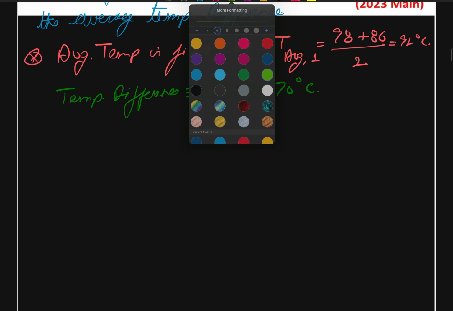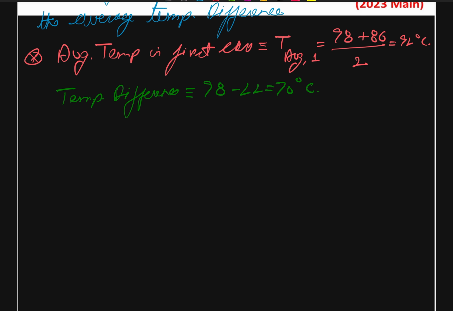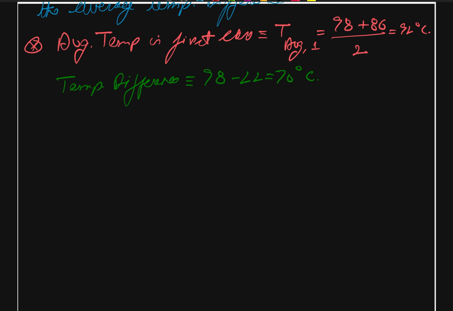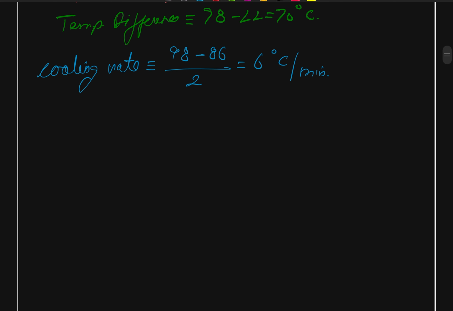So we can say that our cooling rate is equal to 98 minus 86 divided by 2, which is 12 divided by 2, that is 6 degree centigrade per minute.